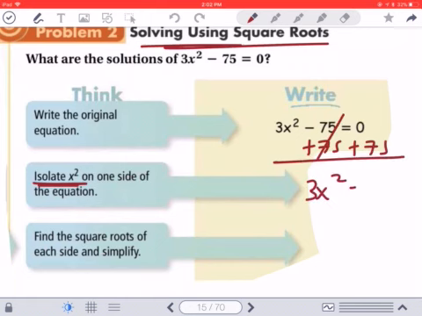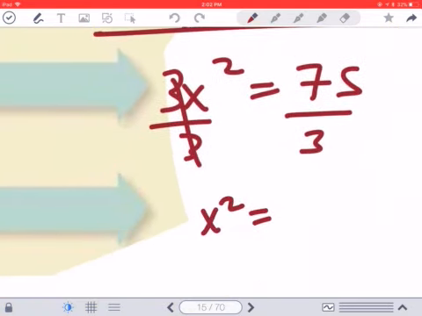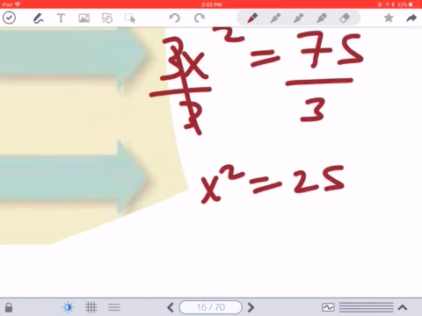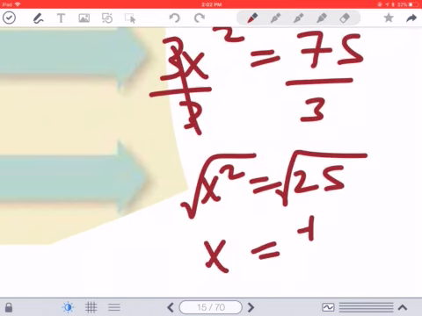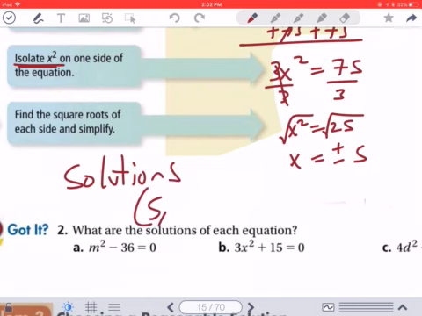So I have 3x squared equals 75. x squared is still not by itself, so I can divide by 3. And when I divide by 3, I get x squared equals 25. I could then take the square root of each side, and I get x equals plus or minus 5. So the solutions, you could say plus or minus 5, or you could say 5, 0 is a solution, and negative 5, 0 is a solution.